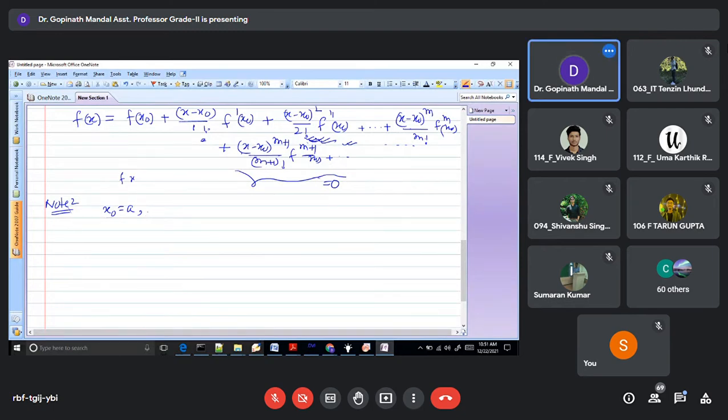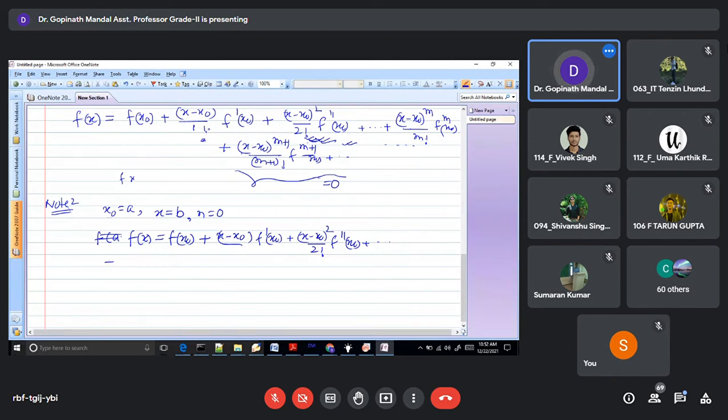Now in second note 2, when x is equal to b and x0 equal to a, and n equal to 0 in a particular case, we have f of x equal to f of x0 plus x minus x0 by factorial 1 f dash x0 plus x minus x0 square by factorial 2 f double dash x0 and so on.